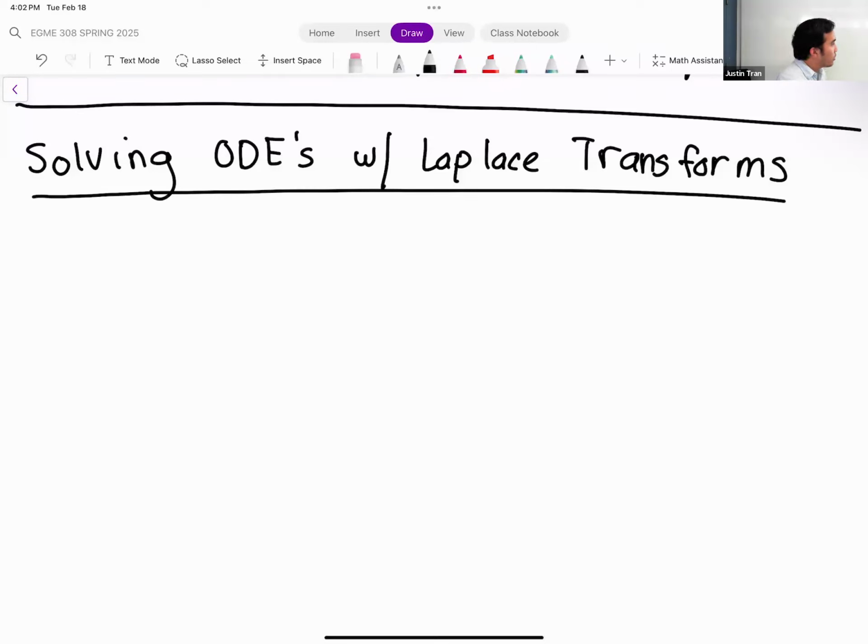Remember, a Laplace transform, which we've been talking about for the last couple of lectures, is an integral transform that transforms a function from one variable to another.